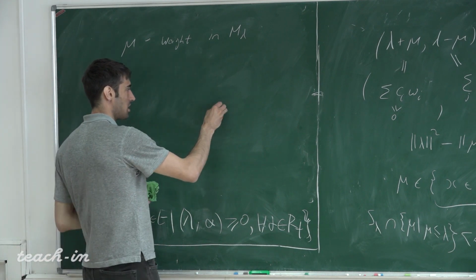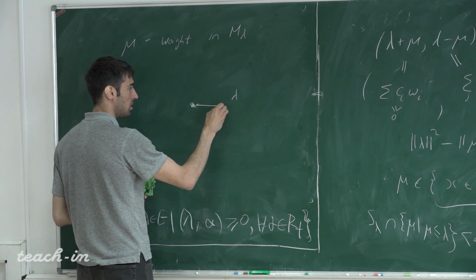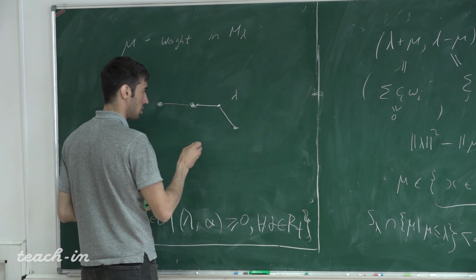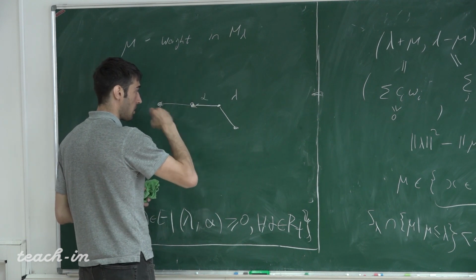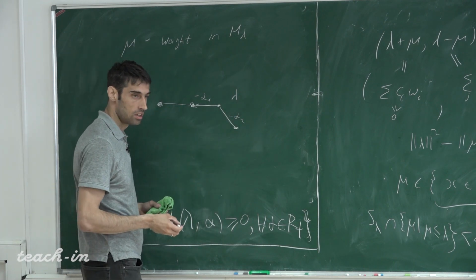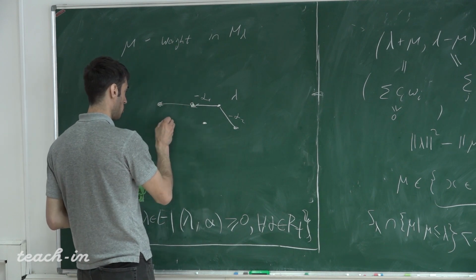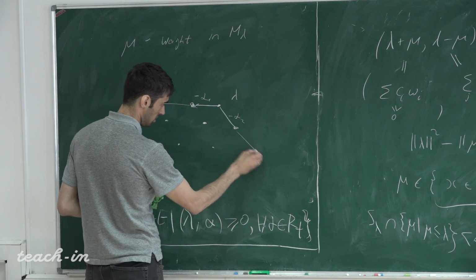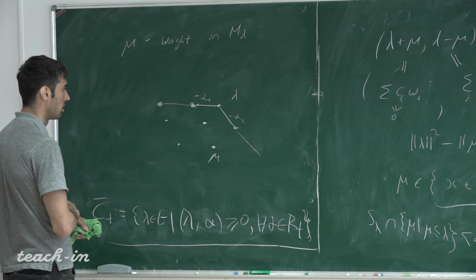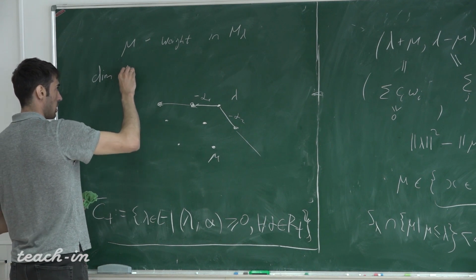So what was said is, we take lambda and we start subtracting positive roots. This is a two-dimensional picture of what's going on, and of course mu lives somewhere in here, and we would like to find the dimension of M lambda mu.